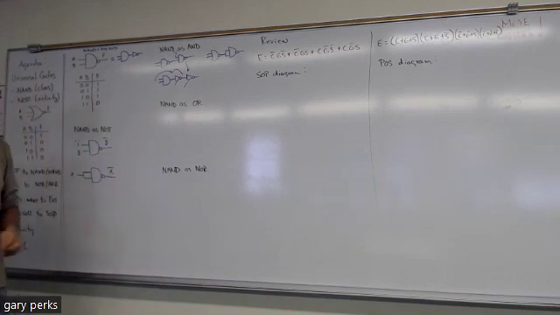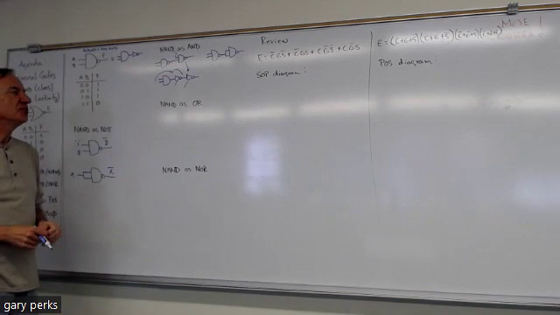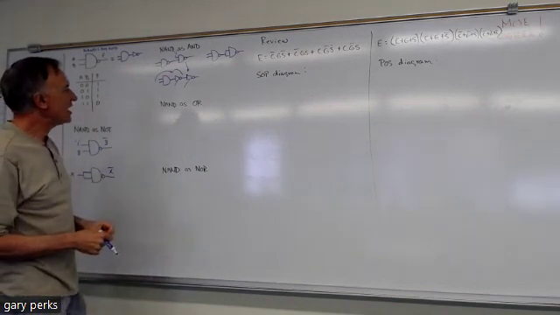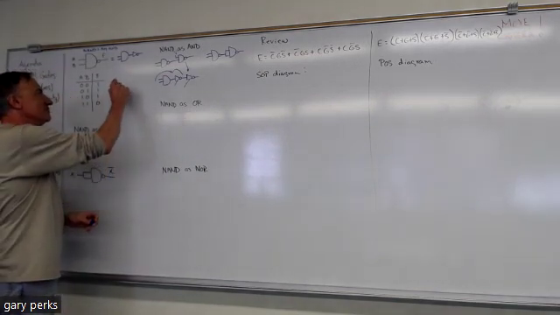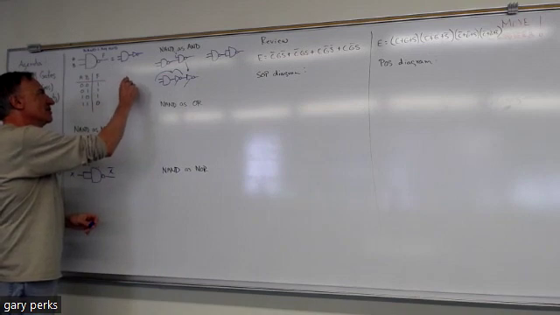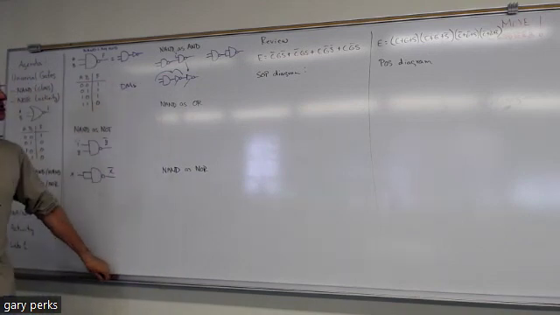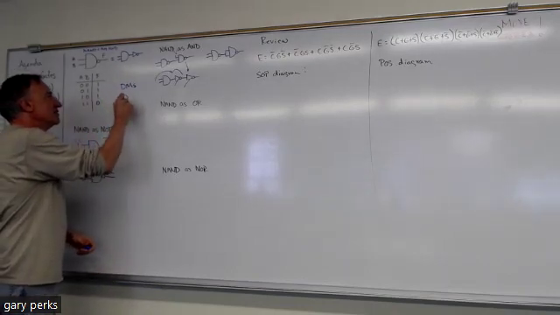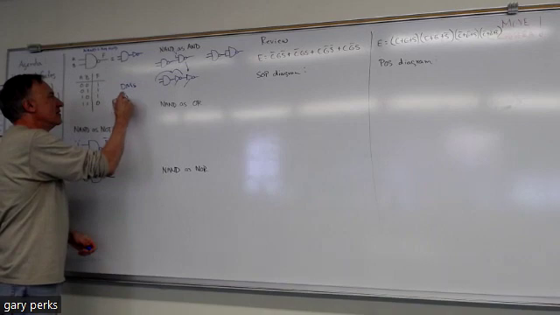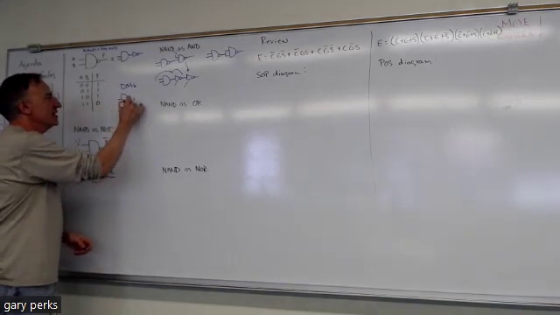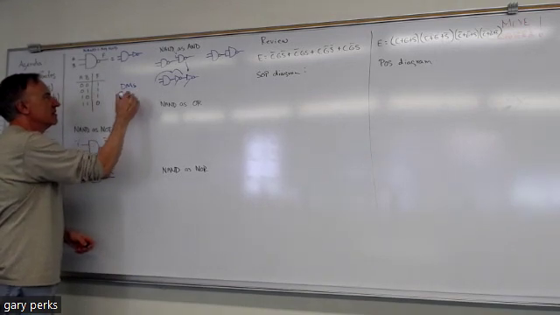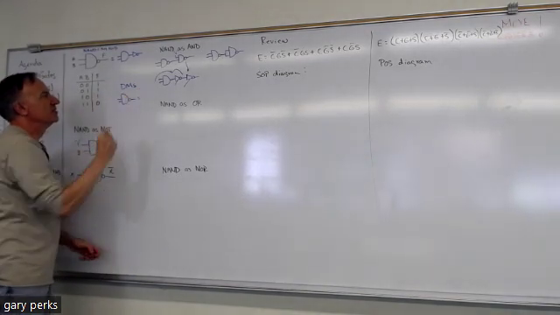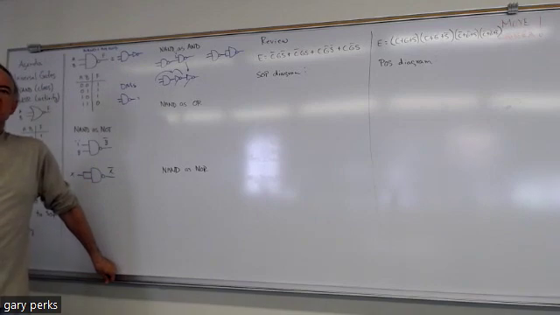All right, now let's talk about how we can make a NAND into an OR. Now this goes back to De Morgan's theorem. Remember De Morgan's? There's two parts of De Morgan's. One part of De Morgan's tells us that a NAND is equal to what?